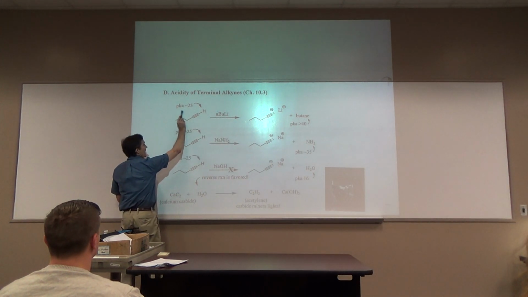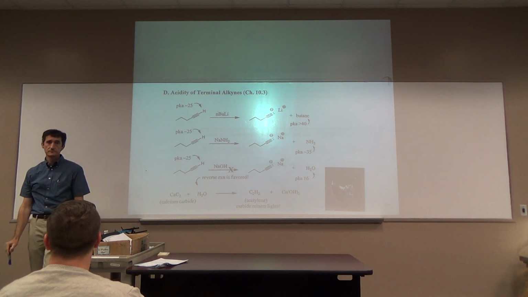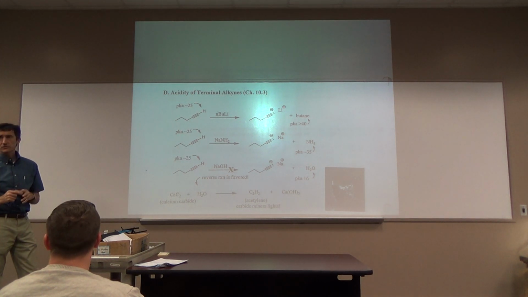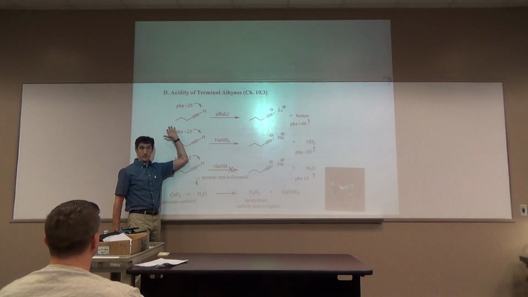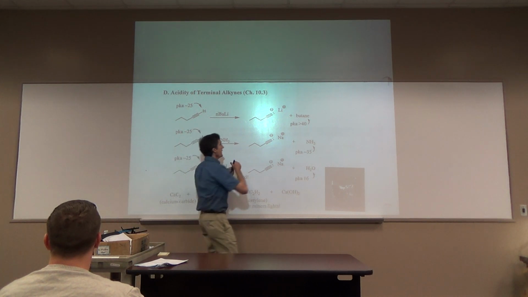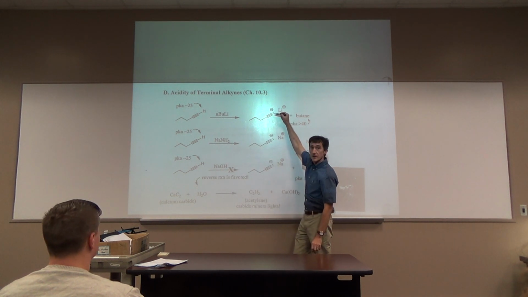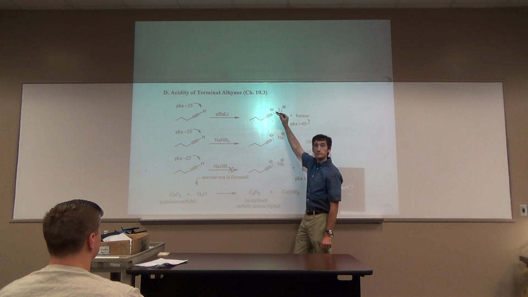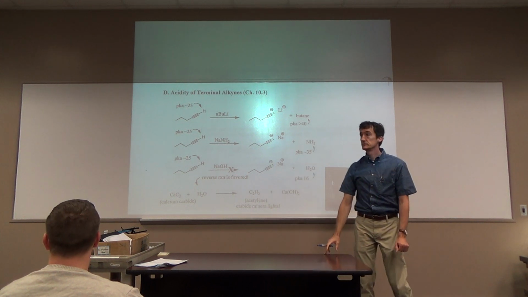A terminal alkyne, the hydrogen here, has a pKa of about 25. That's the most acidic you'll see for a plain hydrocarbon. All right? We'll talk about bases. Why? Here's the resulting, where we're going. What type of stability does this anion have that allows us to do this? What's the stability of it that you can discuss?